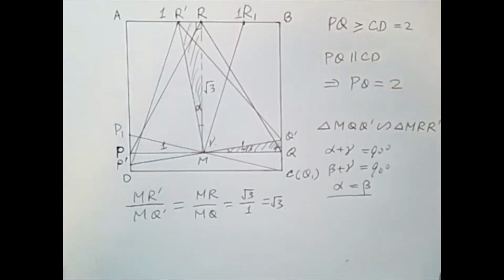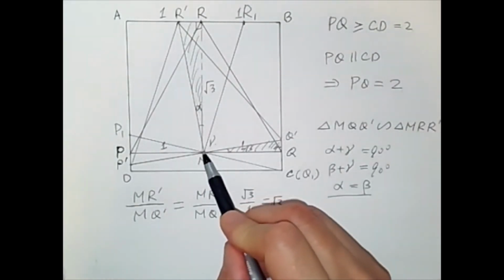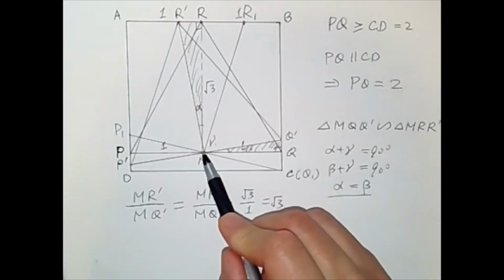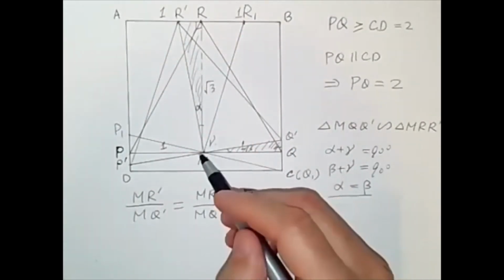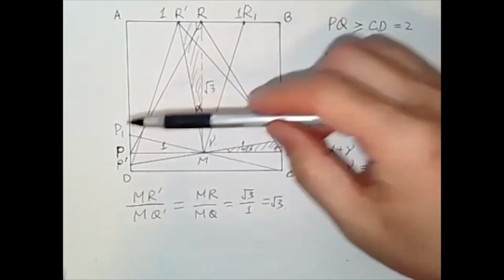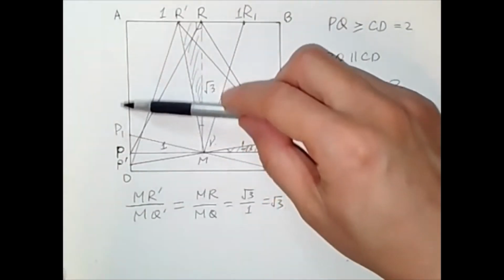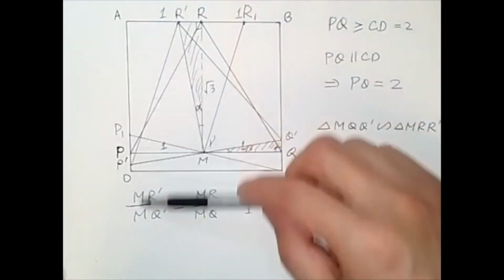Now, let's look at what is the essential part in this problem. Of course, M is crucial. Everything is turning around this point. P moves up and down along a vertical line.